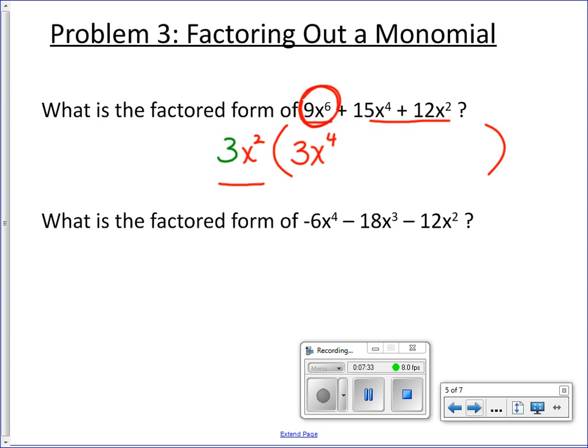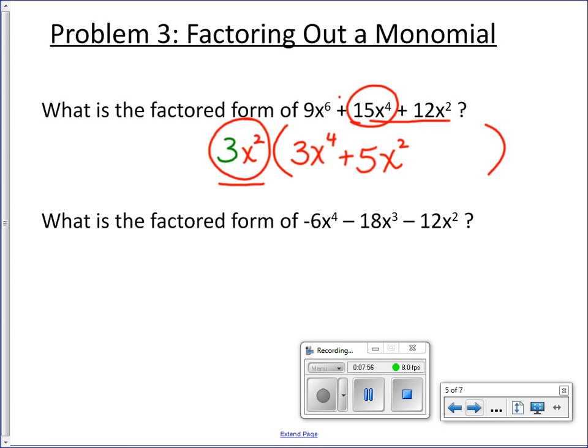Let's look at the next term. 3x squared times what will give us 15x to the 4th? We know that 3 times 5 gives us 15, and x squared times what would give me x to the 4th? That would be x squared.